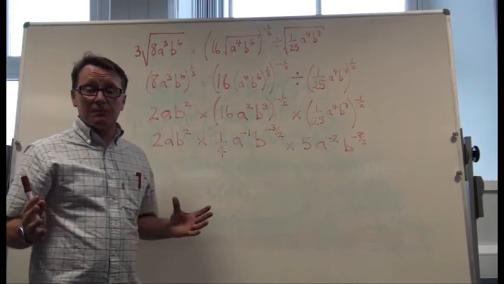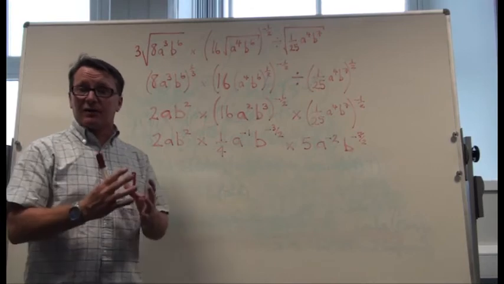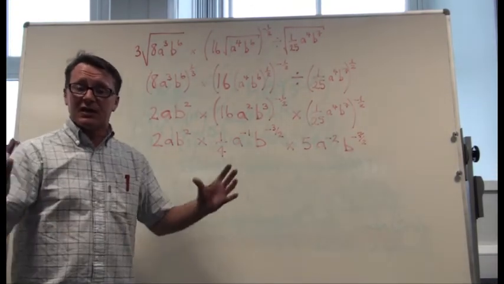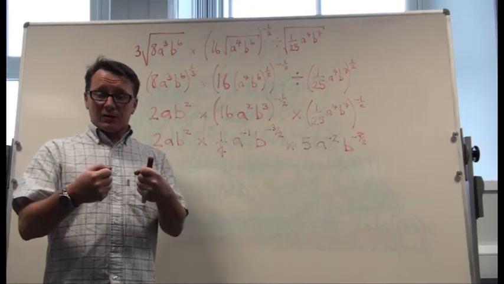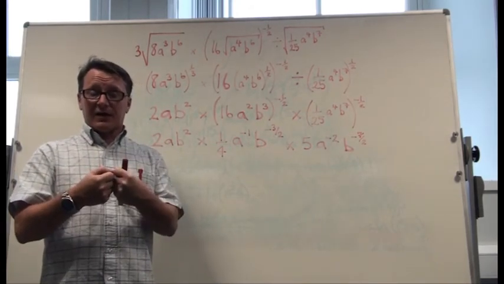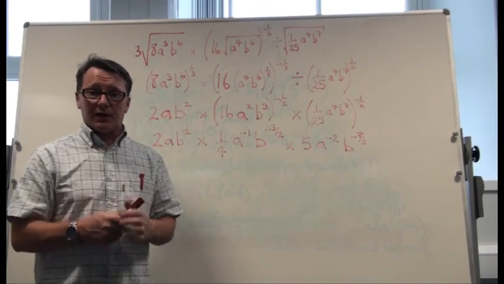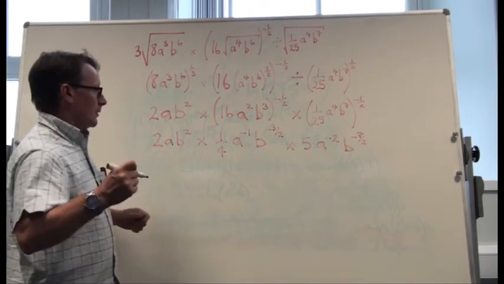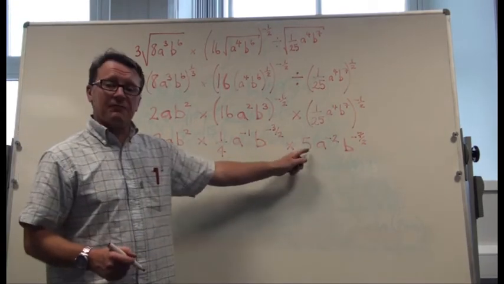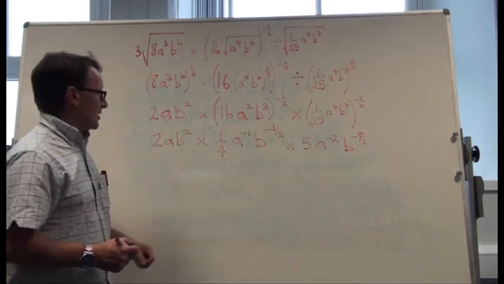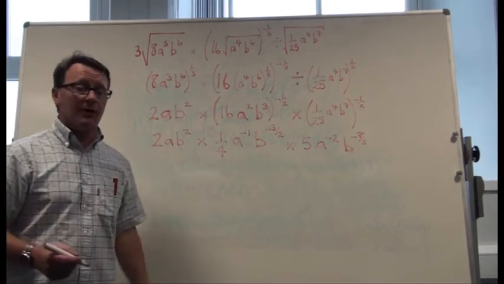And now to tidy this up, I can just go through and collect together the numbers, the a's and the b's. If you've got two powers of the same thing multiplied together, you can just add the powers together. So in this case, let's deal with the numbers first. I've got 2, a quarter and 5. Multiply those together. 2 times a quarter is a half.